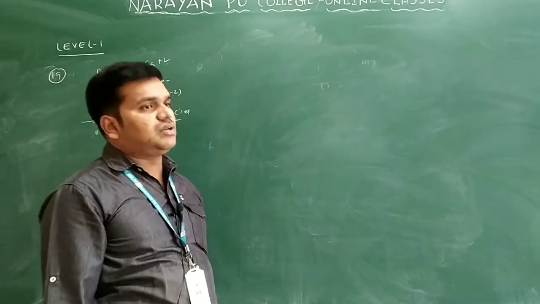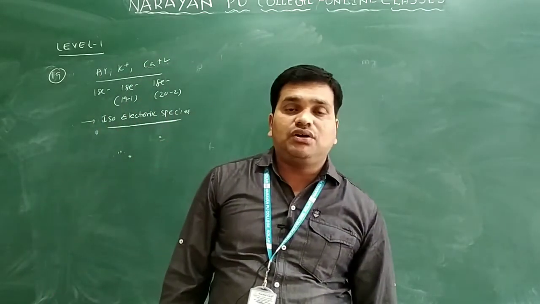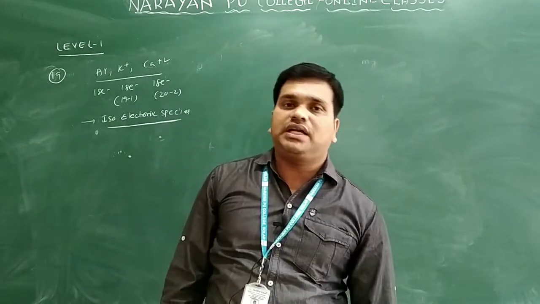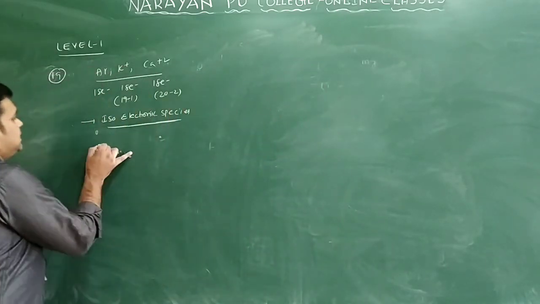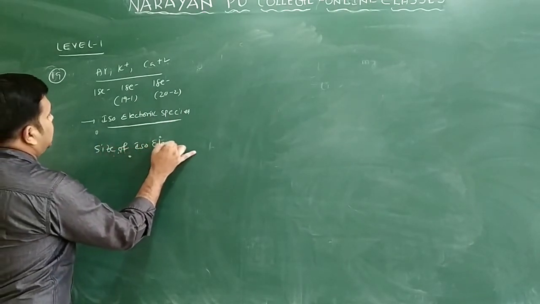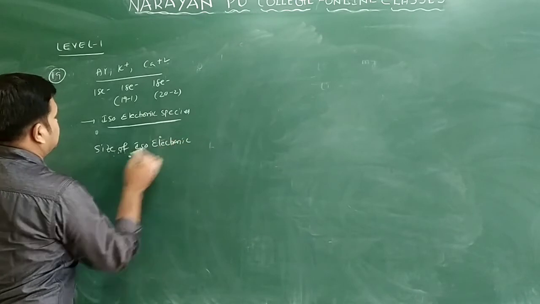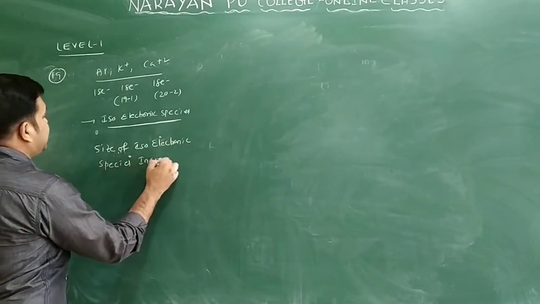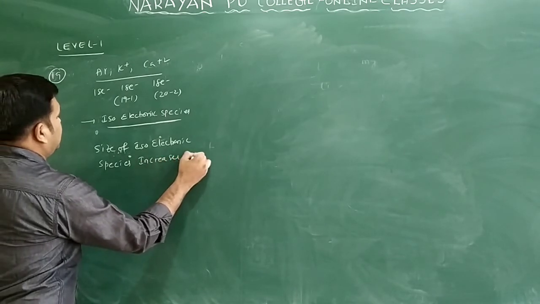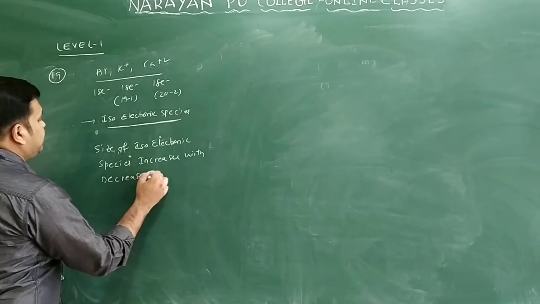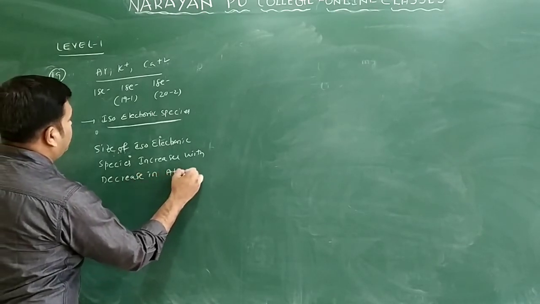Generally, the size of isoelectronic species increases with decrease in atomic number. Write this one point here: size of isoelectronic species increases with decrease in atomic number.